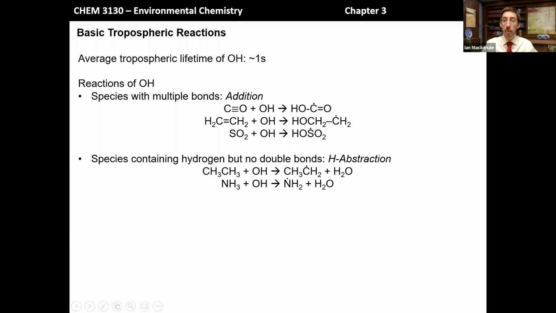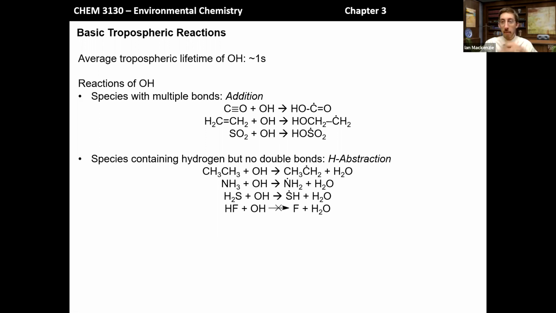We can also do this with NH bonds or SH bonds to pluck off those and leave you with nitrogen or sulfur-centered radicals and water. But we do not see this occur if you try to react hydroxyl radical with HF. This reaction does not occur.